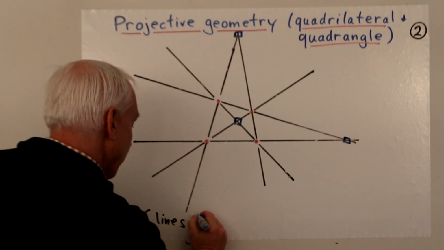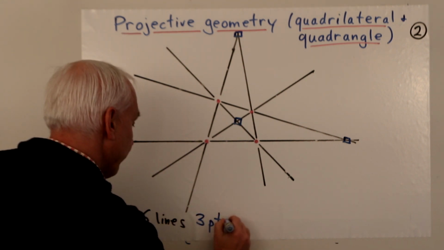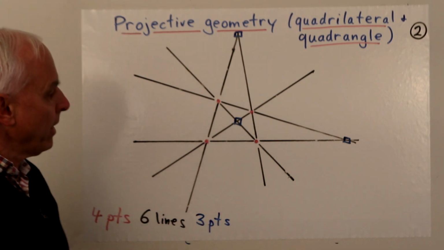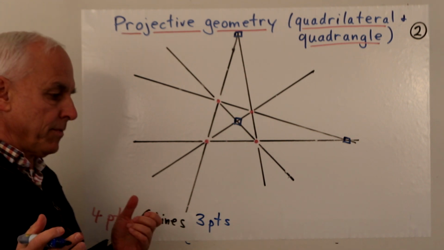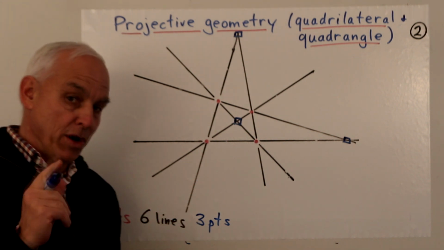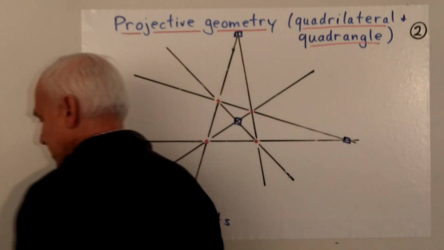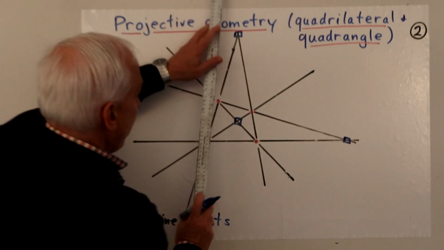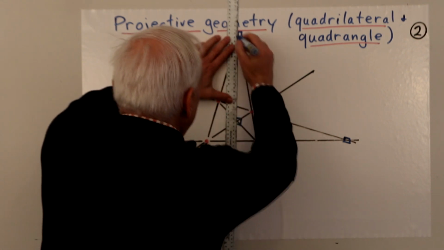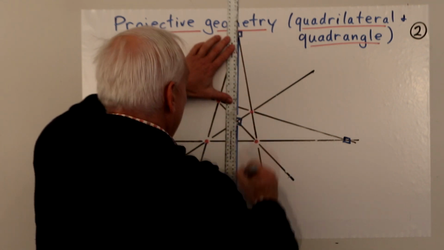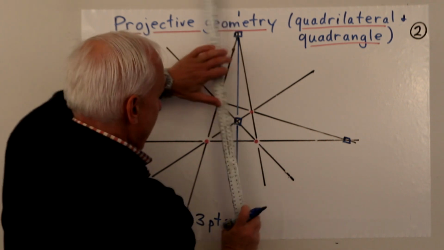So we have then 3 more points in blue. Now what can we do? Well, we have some points. We can join them to make more lines. So let's do that again. These 3 new points, we can join them to make 3 new lines.